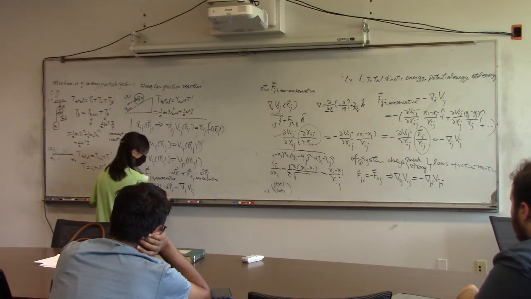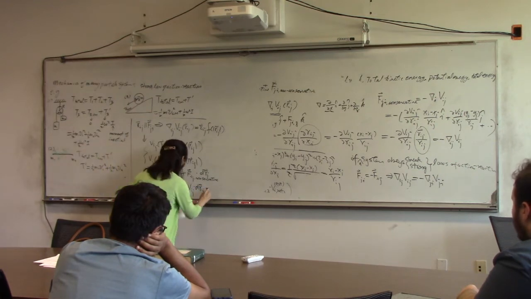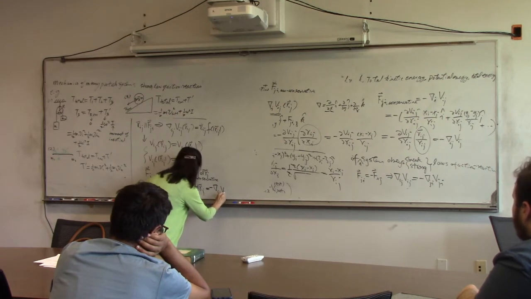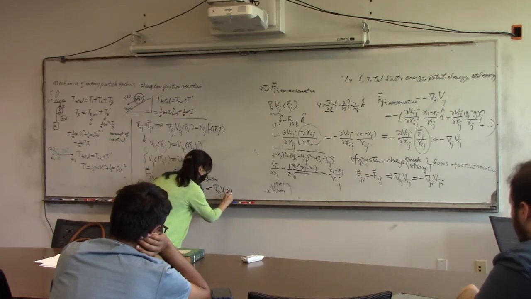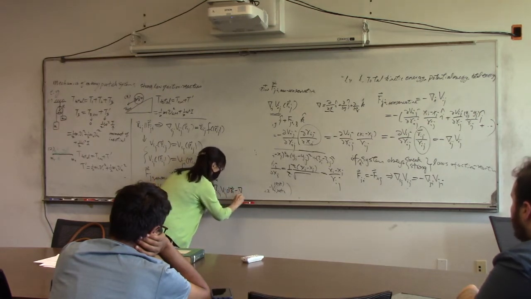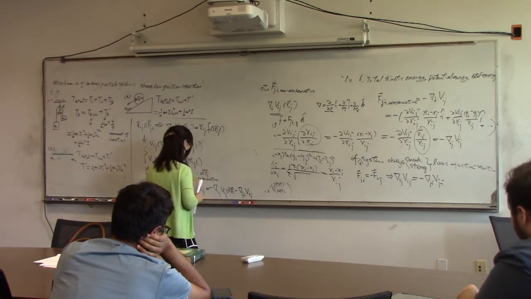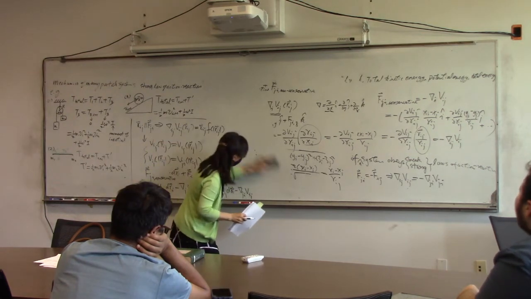Now ij and ji are the same, right? Already used here. The gradient with respect to drj, right? So here it is negative gradient with respect to ri of Vij dotted with dri, minus the gradient of Vji. Since the potential is the same, it is just the gradient but in the opposite direction, right?